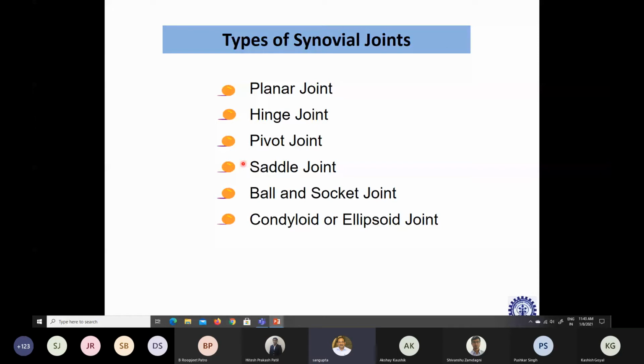Now, there are different types of synovial joints. As I have explained, the anatomical joints have similarities with mechanical joints, and of course, the degrees of freedom they have.